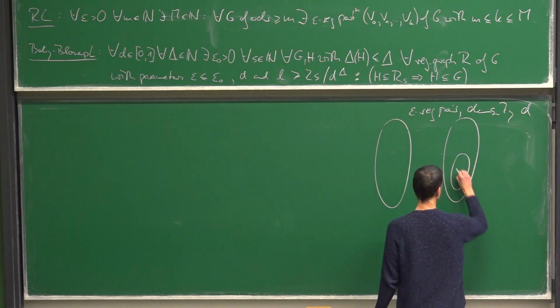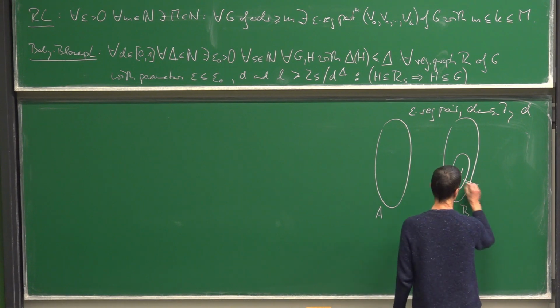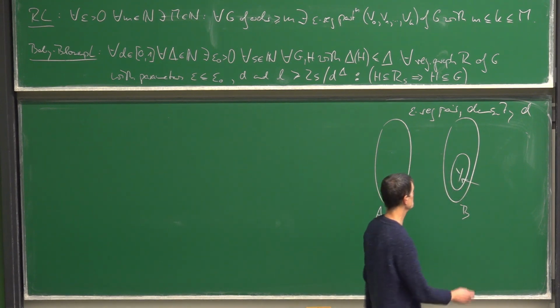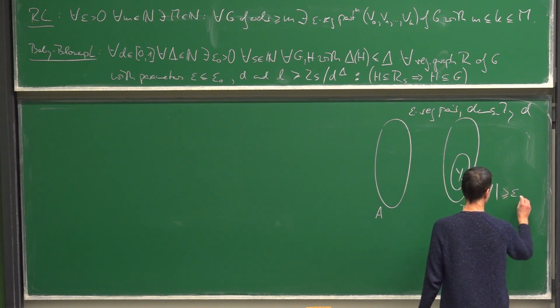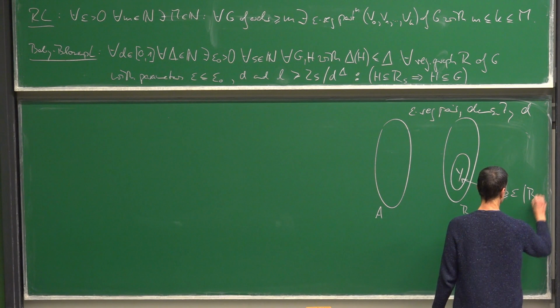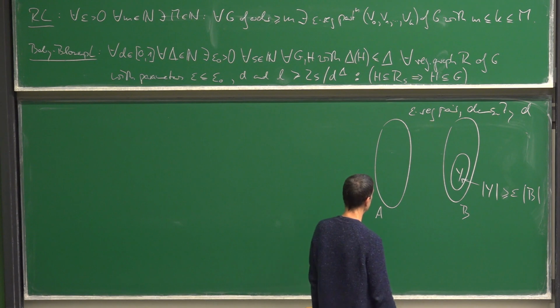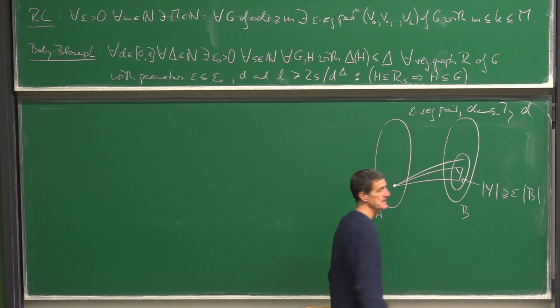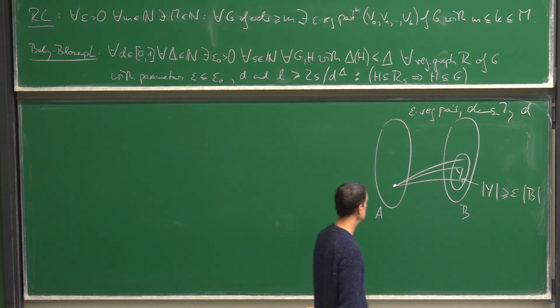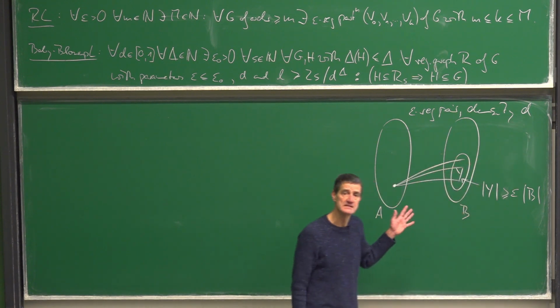for a subset Y of B, the pair is AB, that is not too small. Not too small is measured in terms of epsilon, as always: it has size at least epsilon times the order of B. How many edges does a given vertex send to Y? Well, the entire density of this pair AB is d.